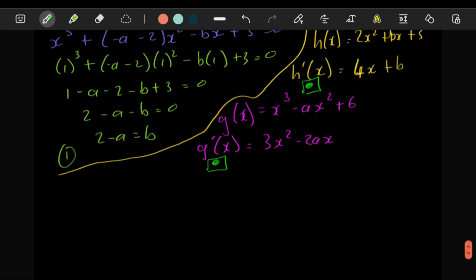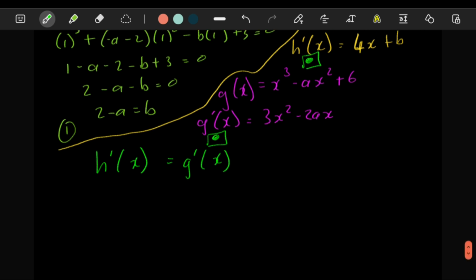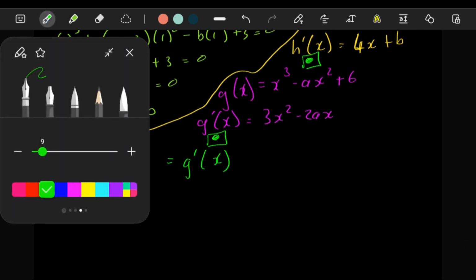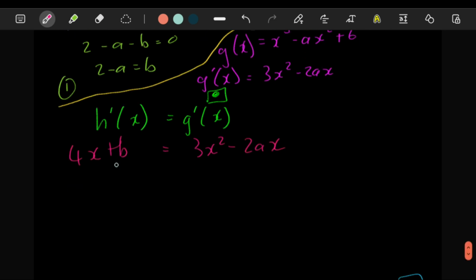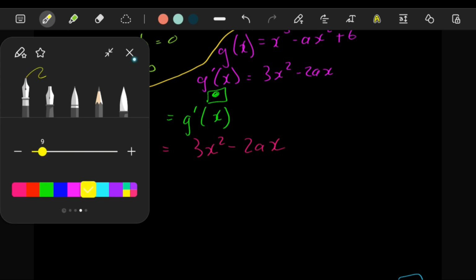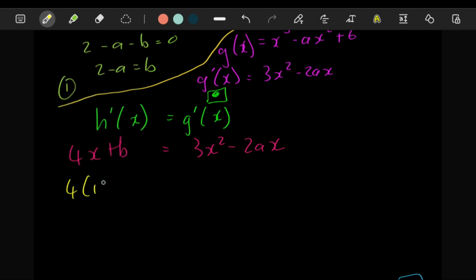So for this equation, we just have to make the first derivative of the parabola equal to the first derivative of the cubic function, because where they meet, they both have a tangent at that point, meaning they are both going to have the same gradient. That's why we're equating the gradient equation of one to the gradient equation of the other. The good news is we know the x value where those gradients are equal: the x value is just 1.